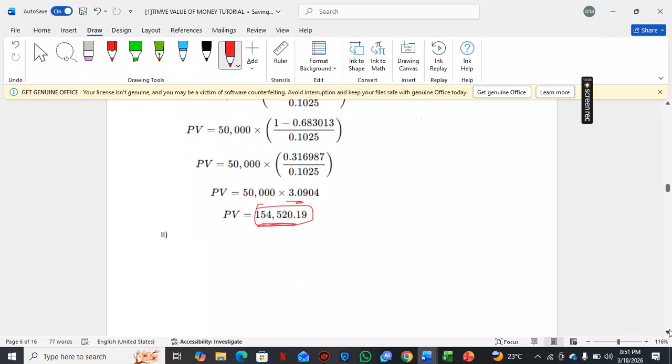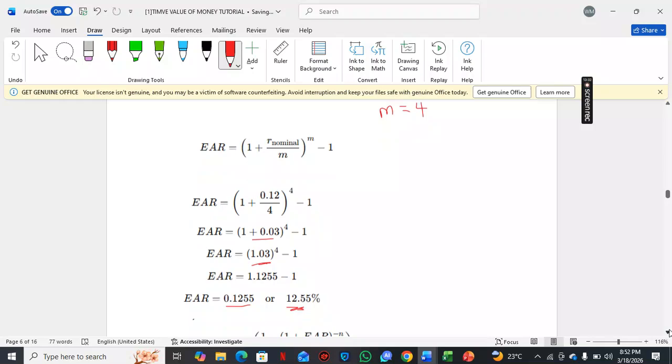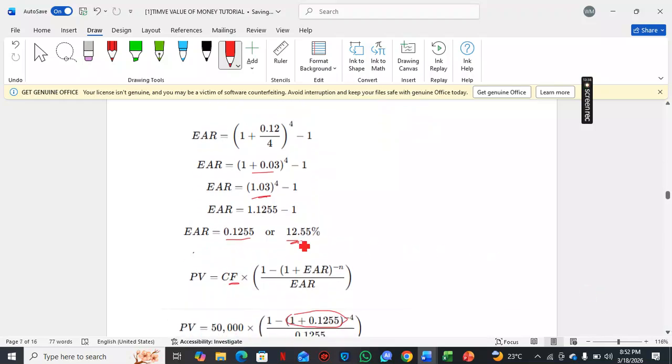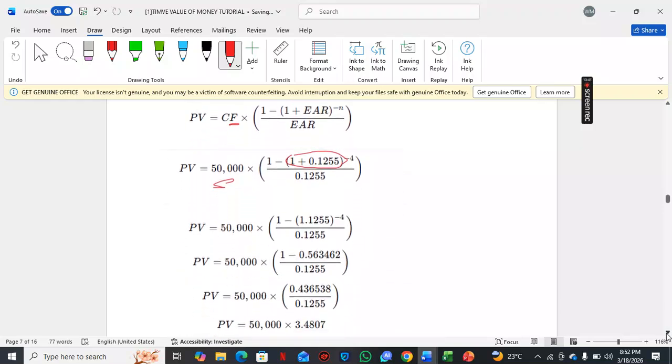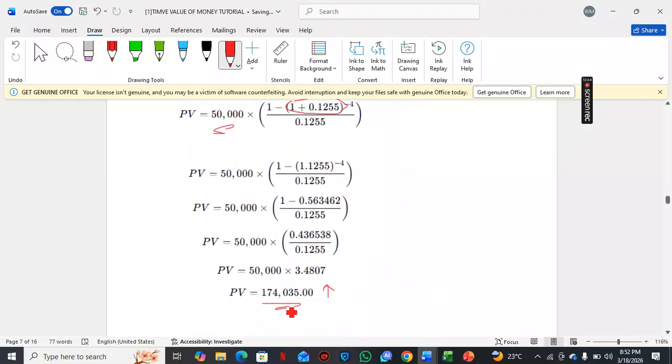Now, if we increase the number of discountings to 4 times a year, we saw the rate increased first, and then after the rate increased, even our present value has increased. So if you increase the number of discountings, your present value is also going to grow, as we have seen. Any questions, colleagues?